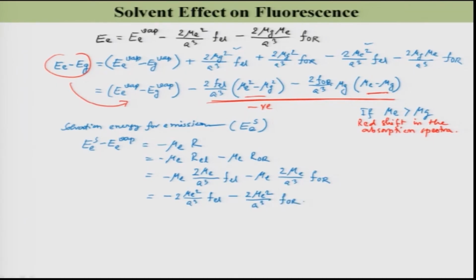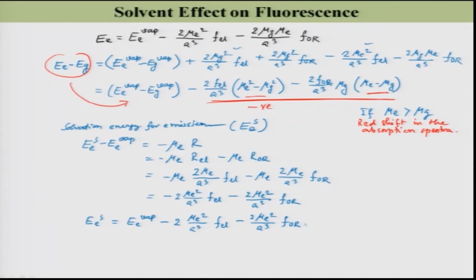So, I can write EES equal to EE vapor minus twice mu E square by A cube F EL minus twice mu E square by A cube F OR, right. So, I got that EES.